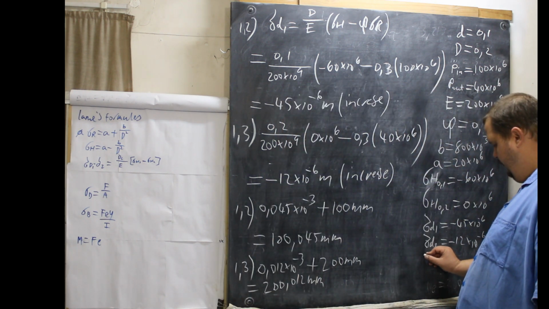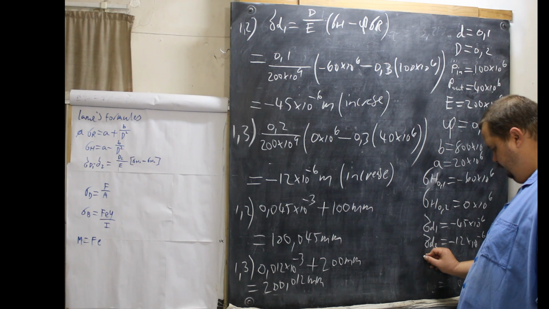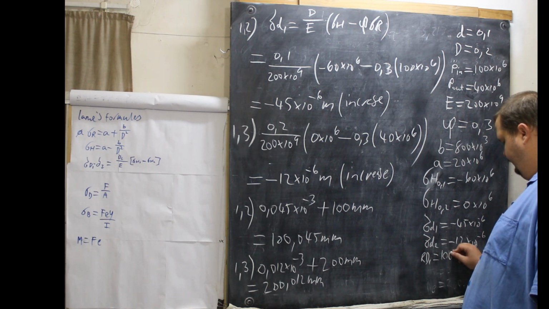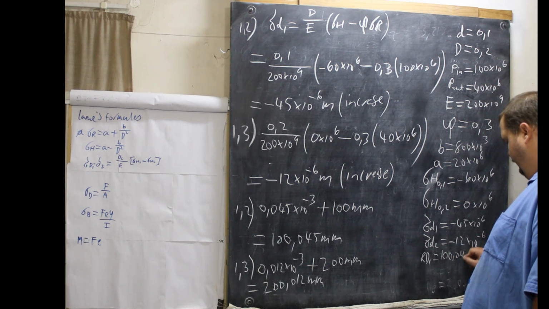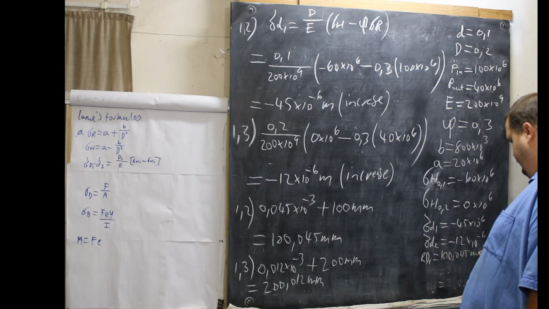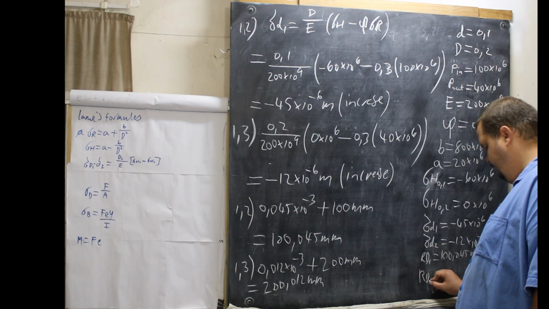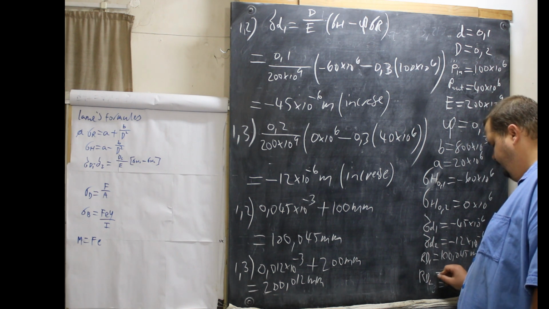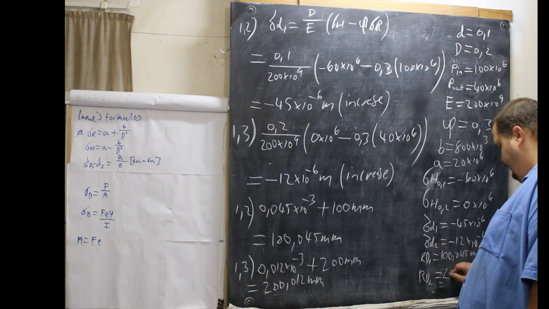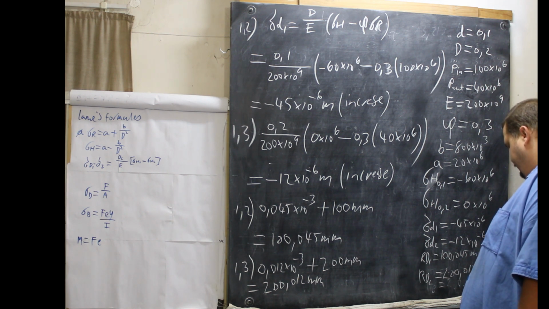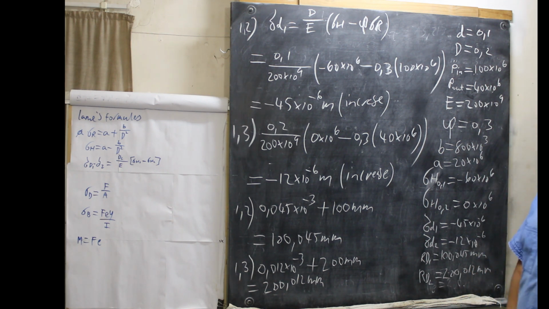So resultant diameter 1 is 100.045 millimeters. Resultant diameter 2 is 200.012 millimeters.